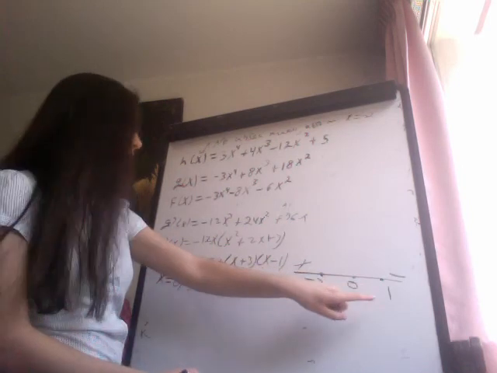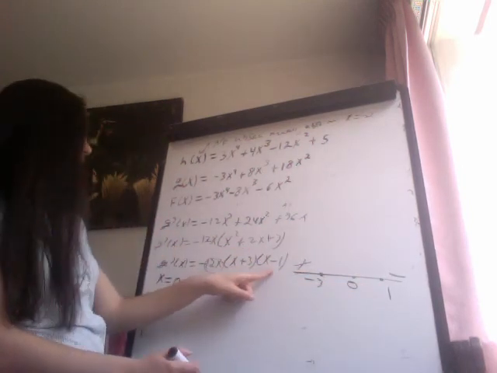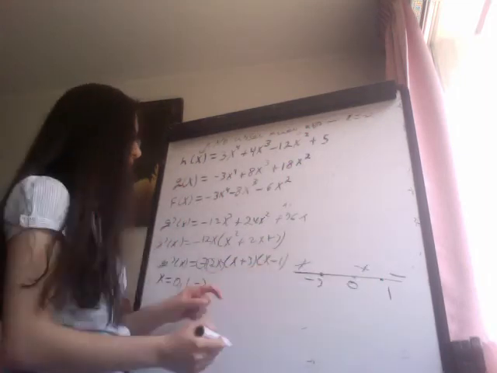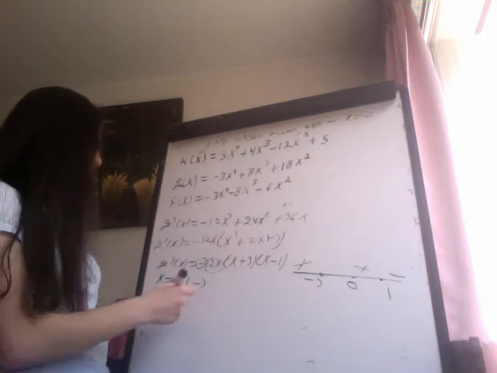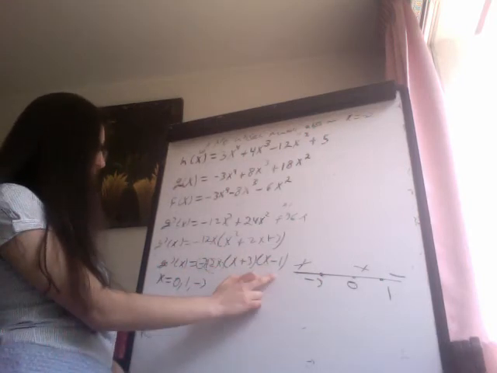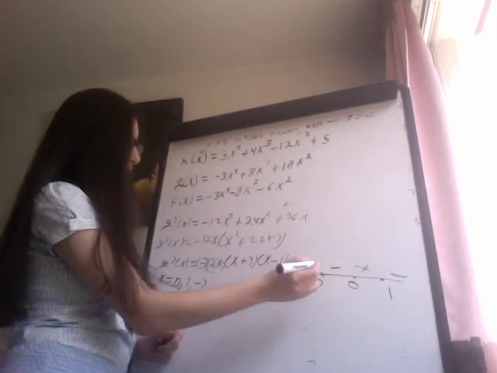Now, between 0 and 1, the only term that is negative is this, and this negative times this negative is positive. Between negative 3 and 0, this is negative, this is negative, this is positive, so negative times negative is positive, times this negative sign, this is negative.